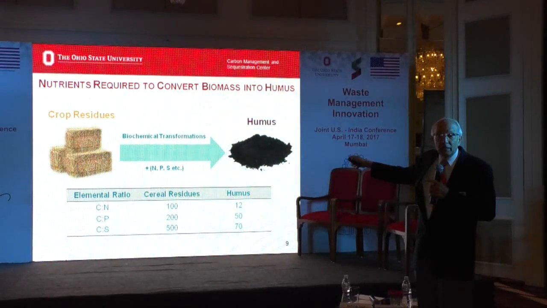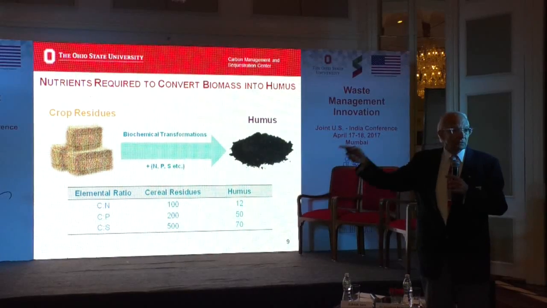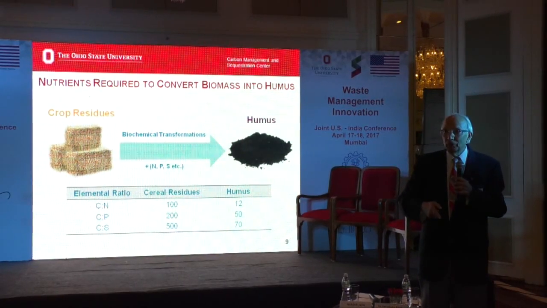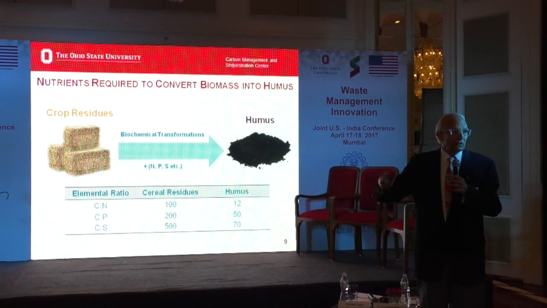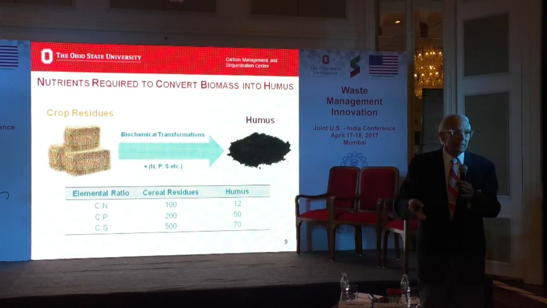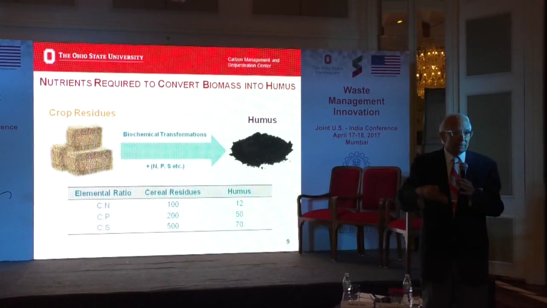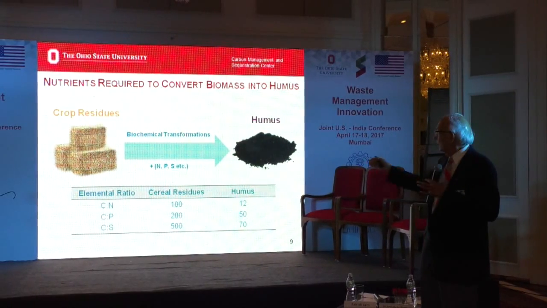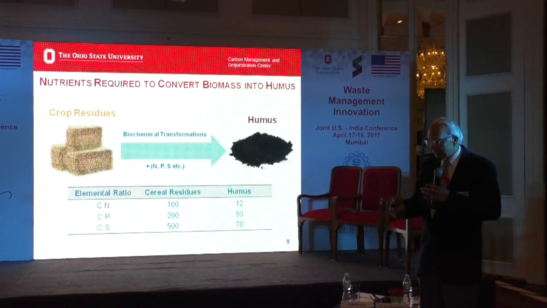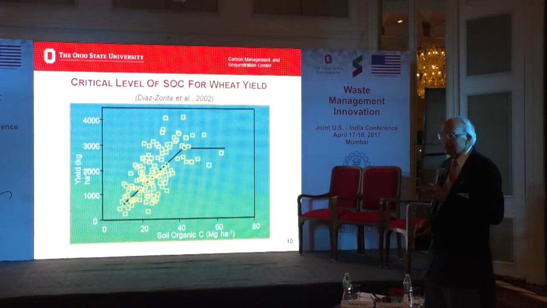So the humus is enriched in nitrogen, phosphorus and sulfur. If I simply put the crop residue and there is no availability of additional nitrogen, phosphorus, sulfur, it will never become humus. It's an investment. You have to also supply nitrogen. So this is called humification of the crop residue into humus, which requires additional nutrients.